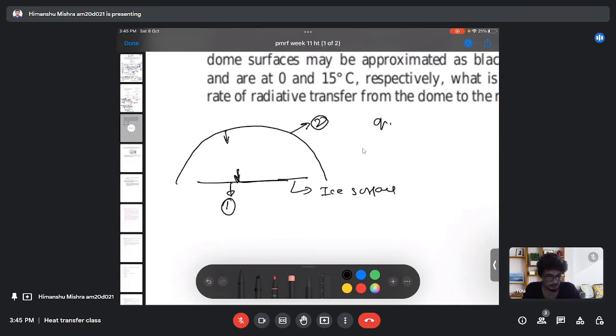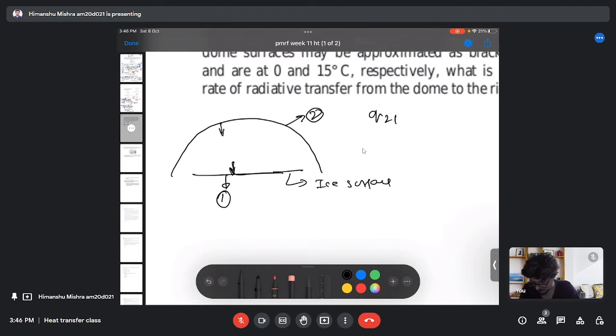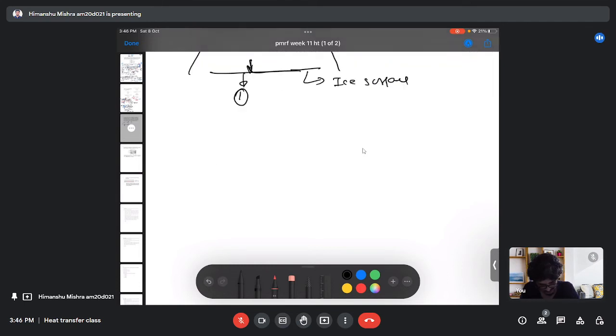So we need to find Q21. That means the radiation coming out from the dome to the ice sheet, which is surface 1. So my expression of the heat transfer will be, so we need to find the view factor F21.